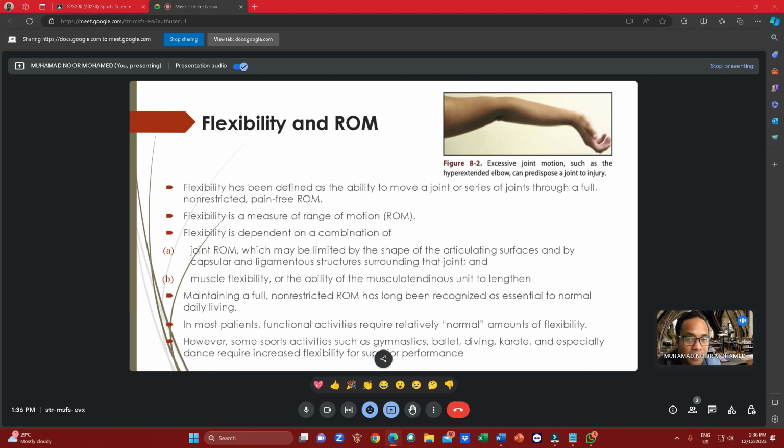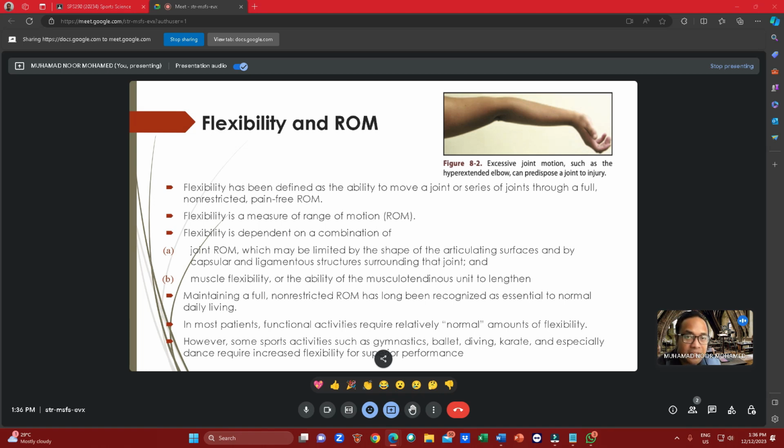Active flexibility is more towards your own effort to move through the range of motion. But passive flexibility is more towards an assisted movement, meaning a helper is needed in order to move the hand, the leg, or the parts through the range of motion.